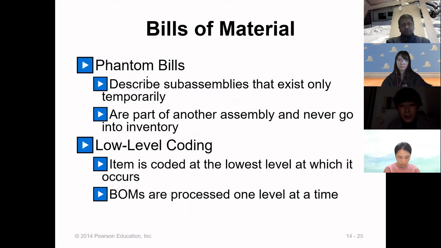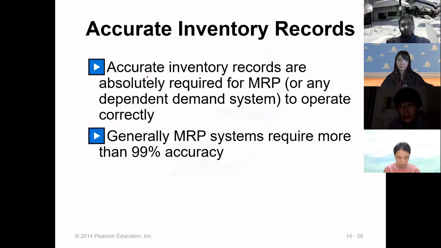I'm not going to go to this level. Okay, you need accurate inventory records in order to make sure that your MRP is actually operating correctly, because the whole working of MRP depends on the accuracy of information.